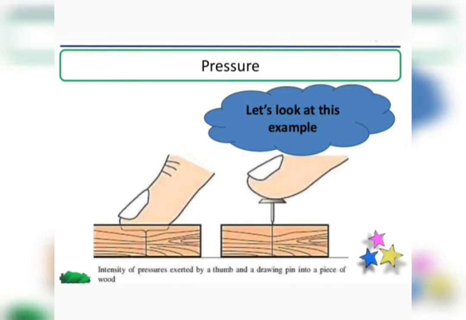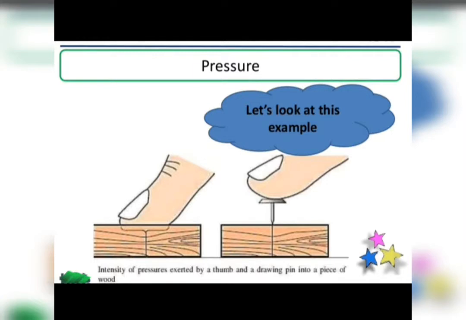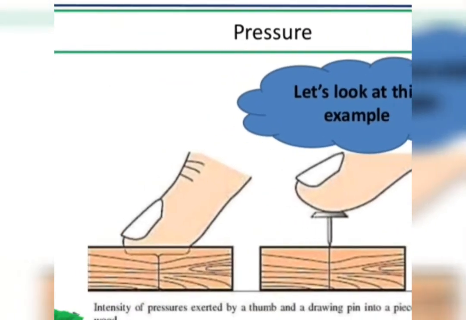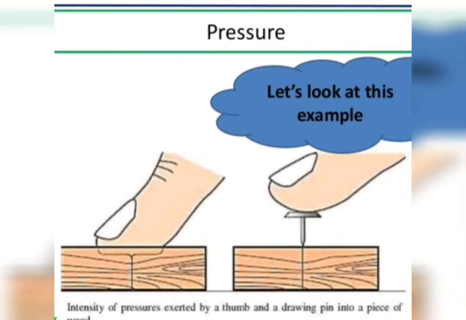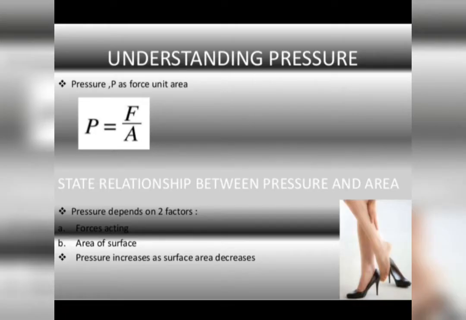But the same force of our thumb produces greater pressure when it acts on the very small area of wood through the tip of the drawing pin. So the intensity of pressure, the effect of force, depends on the area of the object on which it acts. Okay? So pressure is the force acting on a unit area of the object.